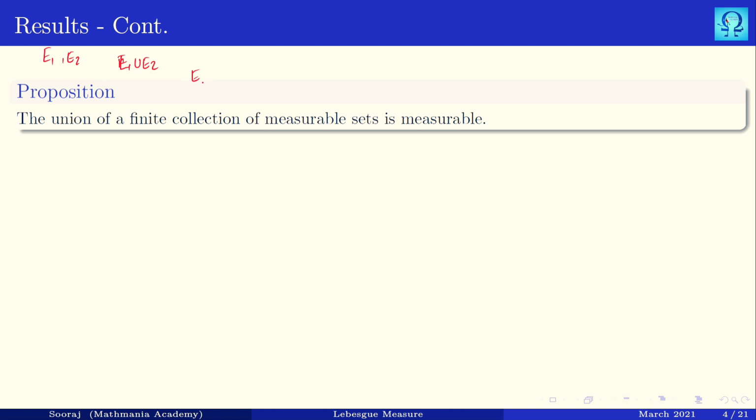So prove for two sets and assume this happens to be true. Assume the union of Ei, i runs from 1 to n minus 1, is measurable, and try to prove when you include n. You consider till n minus 1 as a single set and consider En alone as a different set, and you can just blend these ideologies that we have done for the two sets. So let me try to give you those ideologies as well.